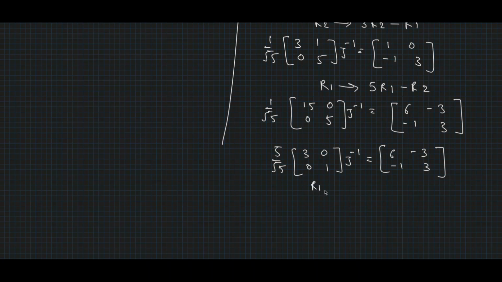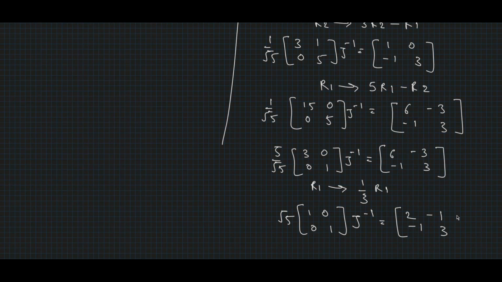And finally R1 transforms to 1 by 3 R1, we get 5 by root 5, which is root 5, times (1, 0; 0, 1) j inverse equal to (2, minus 1; minus 1, 3).